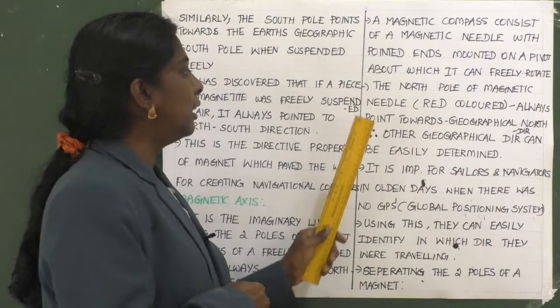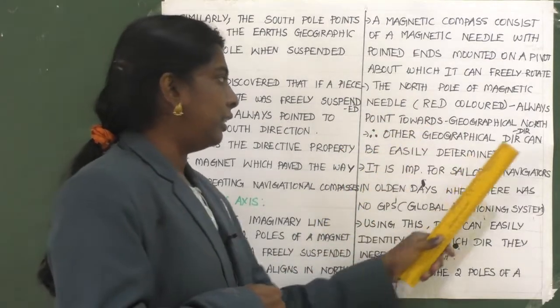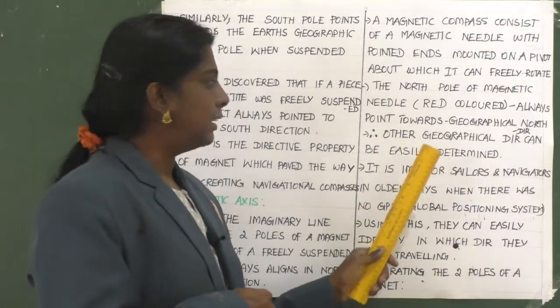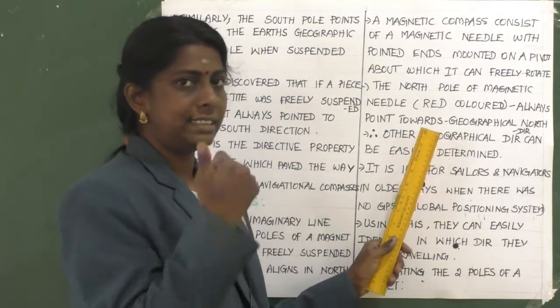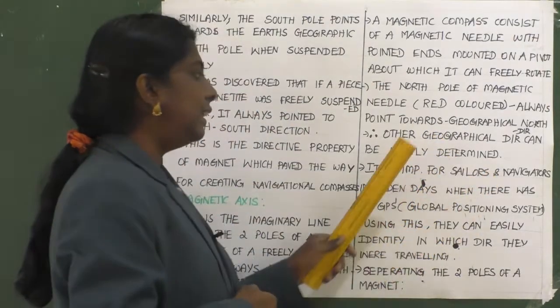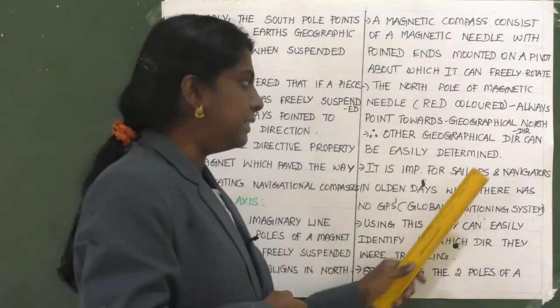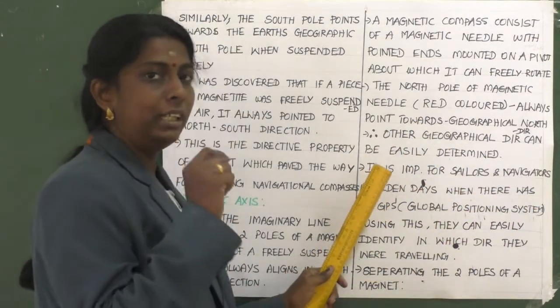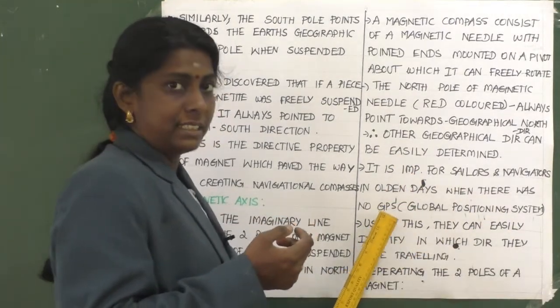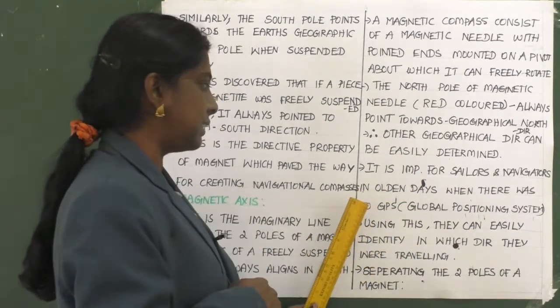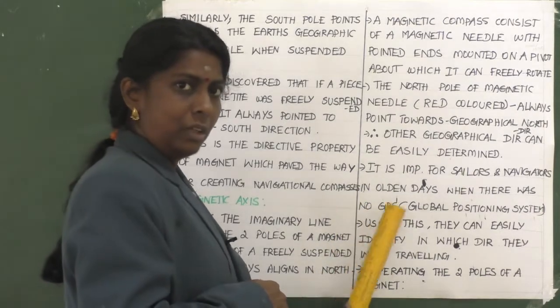Clear? Then, therefore, other geographical directions can be easily determined. So, with the north we are finding out the rest of the directions. Clear? It is important for sailors and navigators in olden days. Why? When there was no GPS. Now we are having GPS. So, what do you mean by GPS?